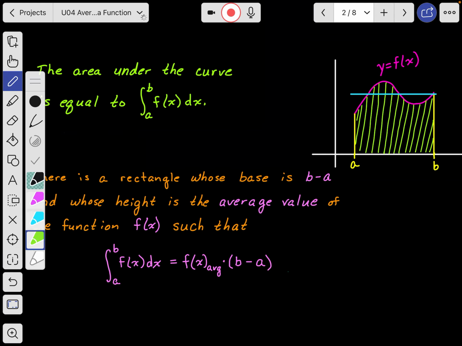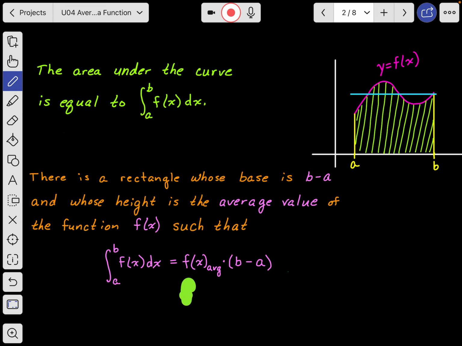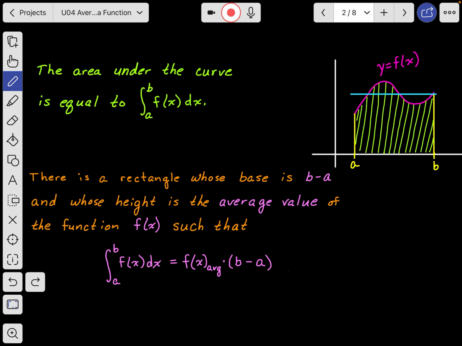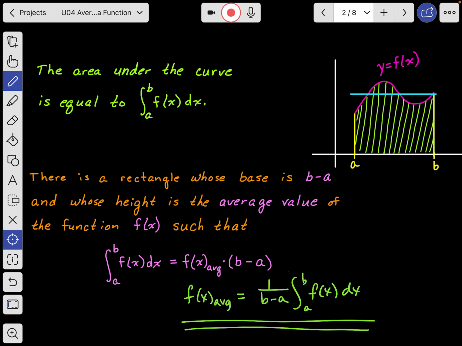And so if we wanted to solve for that average height and come up with some sort of equation, sorry, that's way too big. f of x average would equal, well, let's multiply both sides by the reciprocal of b minus a. And this would be our formula that we're going to use. So whenever you see that coefficient of the integral, you're probably looking at an average value.